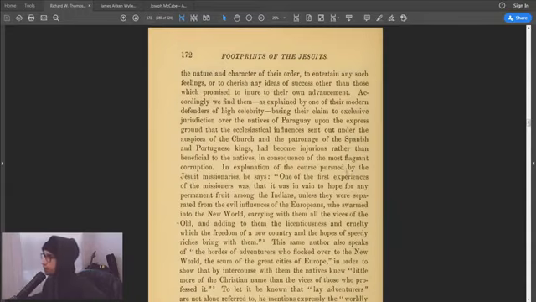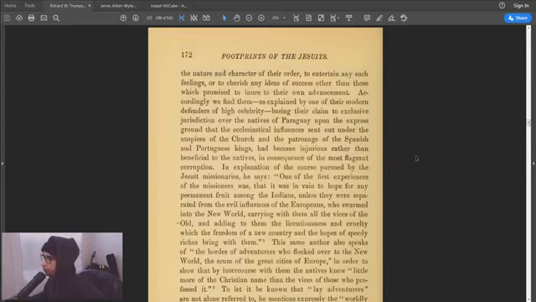Accordingly, we find them, as explained by one of the modern defenders of high celebrity, basing their claim to exclusive jurisdiction over the natives of Paraguay upon the express ground that the ecclesiastical influences sent out under the auspices of the church and the patronage of the Spanish and Portuguese kings had become injurious rather than beneficial to the natives in consequence of the most flagrant corruption.